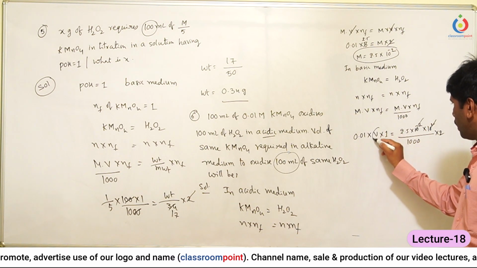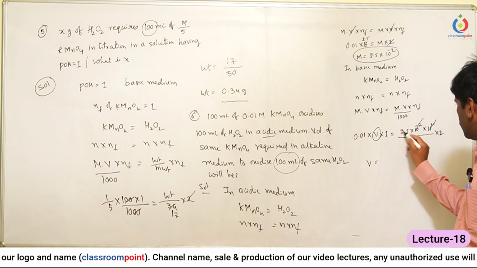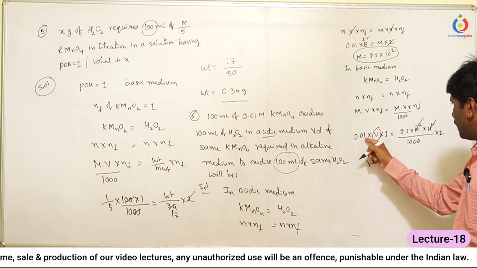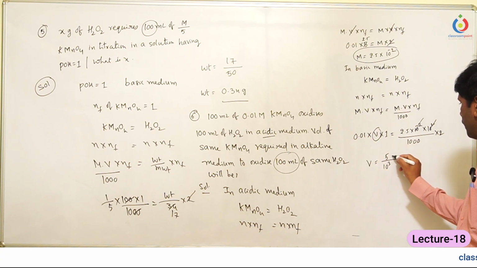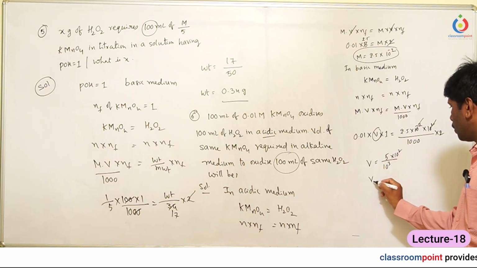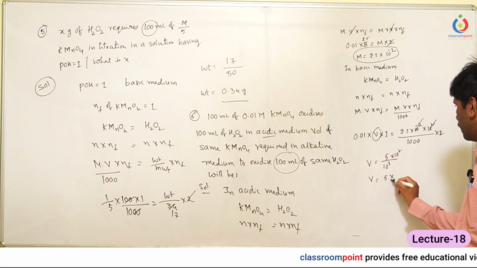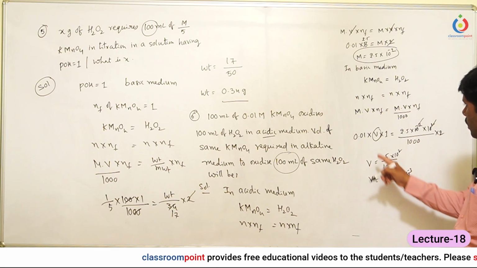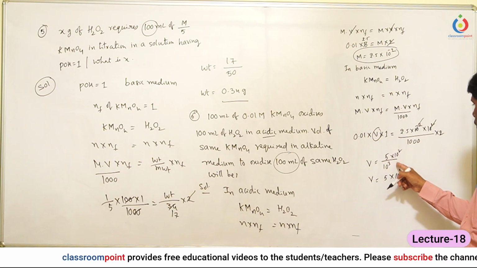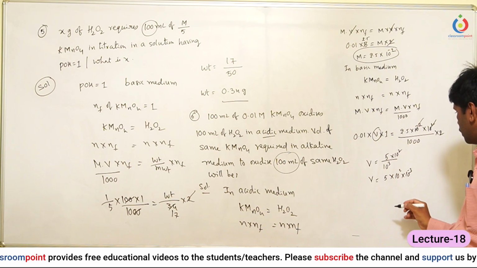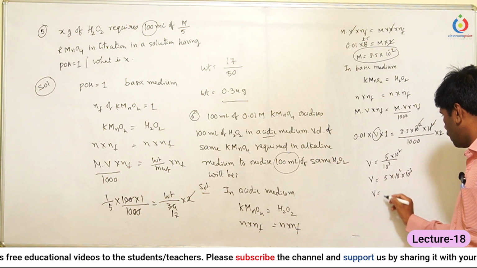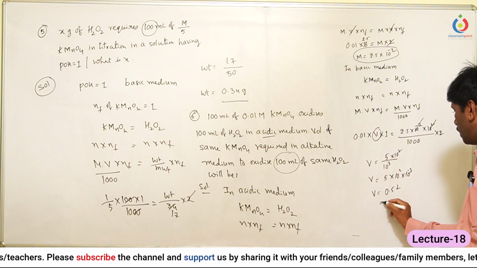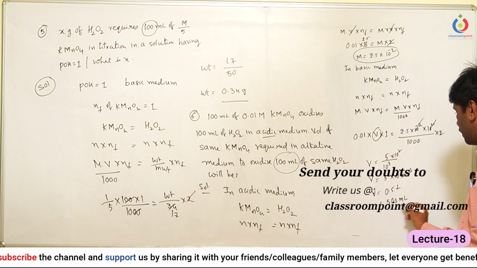Now the multiplication gives 5 divided by 10 power 3, so volume equals 5 into 10 power 2 into 10 power minus 3, which equals 0.5 liters, or you will get 500 ml.